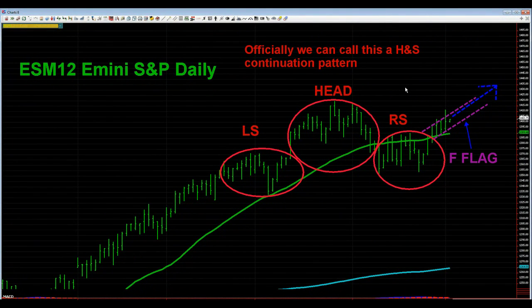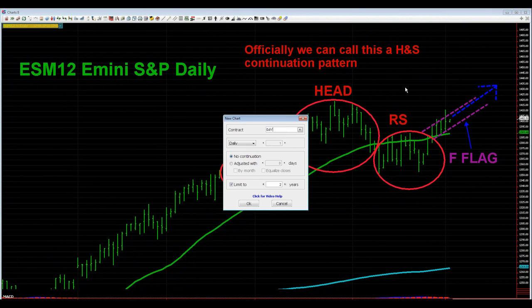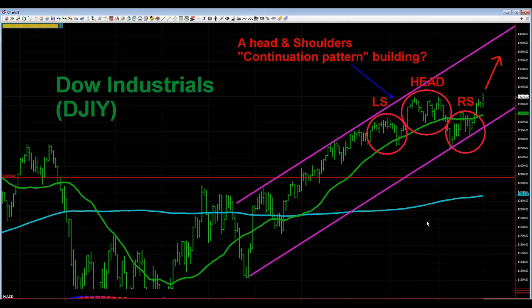Another chart I'd like to show you this evening, OMNIX, and that would be the Dow Jones Industrial Average Daily Bar. OMNIX, do you remember this chart? I've been putting it before your eyes since we were down here. Let me show you this.